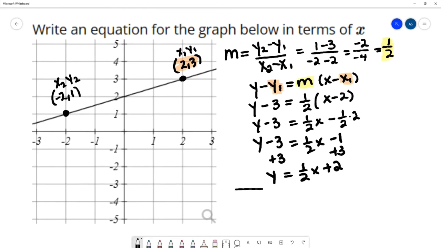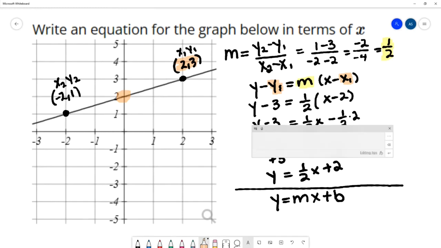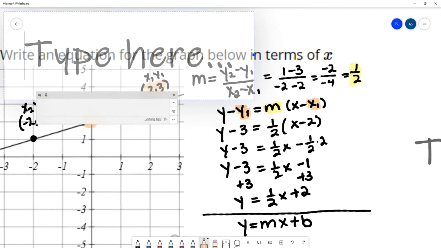Now, there is another way for us to find the equation of this graph. Slope-intercept form is y equals mx plus b. If I highlight this point right here, hopefully you can tell that that ordered pair would be the y-intercept. The y-intercept is where the graph crosses or touches the y-axis.